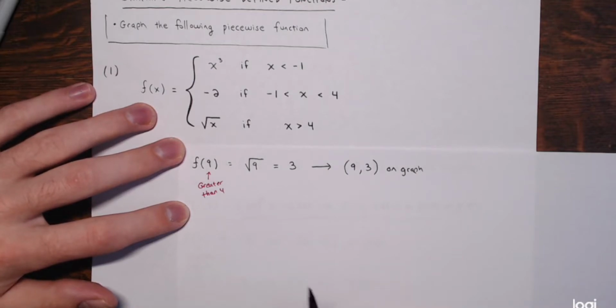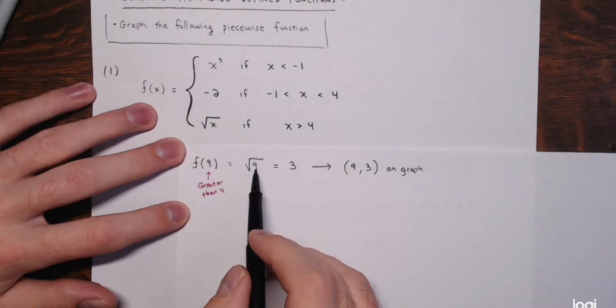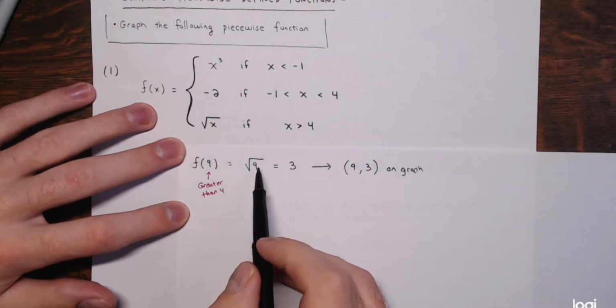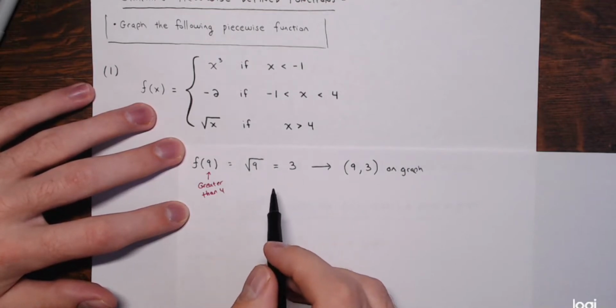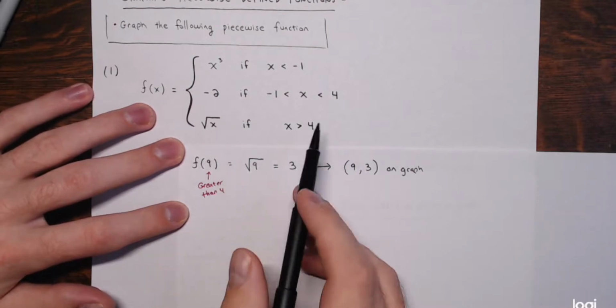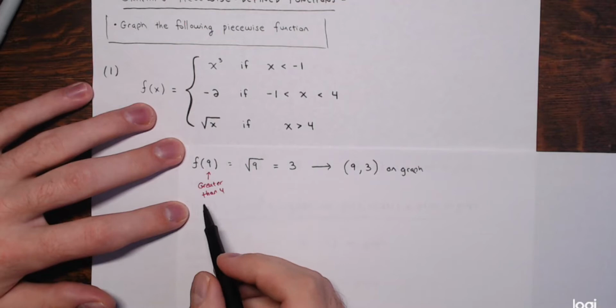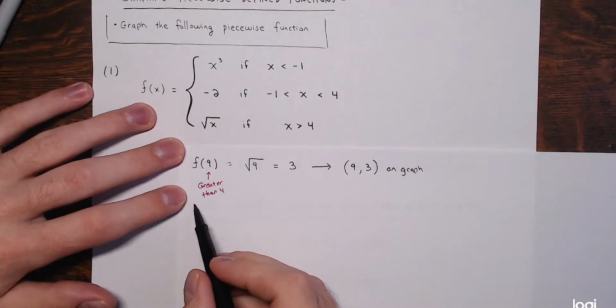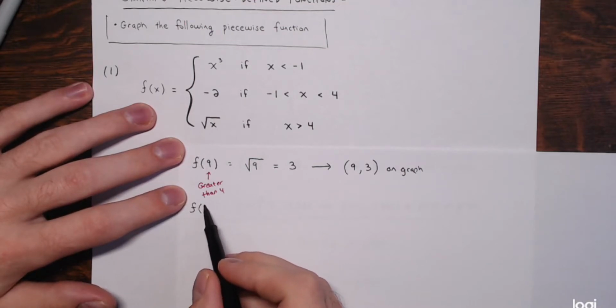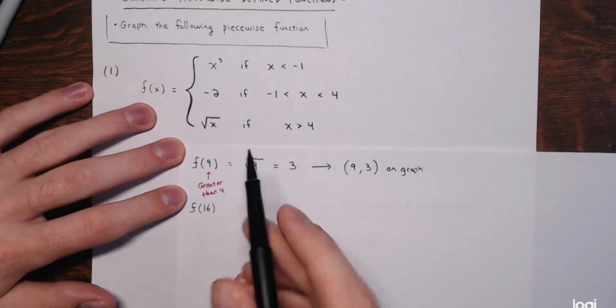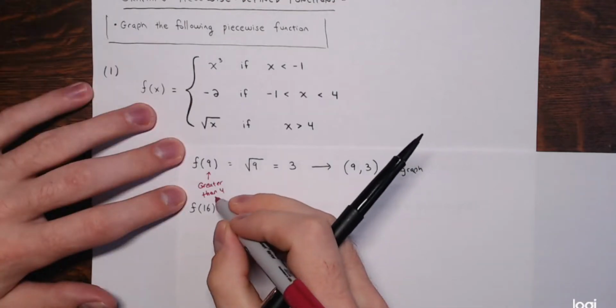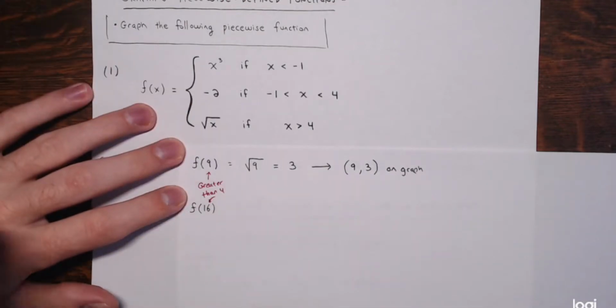And again, you can plug in 5 for the square root of 5. It's just, no, that's not a nice number. It's 2 point something. Plug in 6, plug in 4.2, whatever, 2 times pi. Lots of stuff. So let's do one more nice one here. If I plugged in 16, the input is greater than 4.